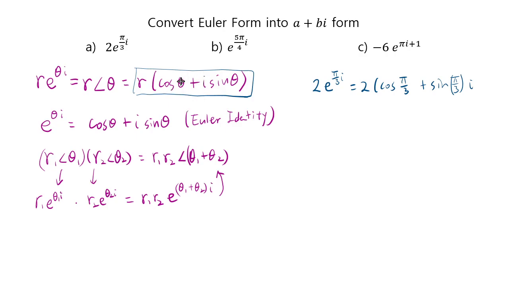I is not included in the theta, right? And you should know that cosine pi over 3 is 1/2, whereas sine pi over 3 is radical 3 over 2. And then when you multiply by 2, you get 1 plus radical 3 I. And indeed, this is an a plus bi form.